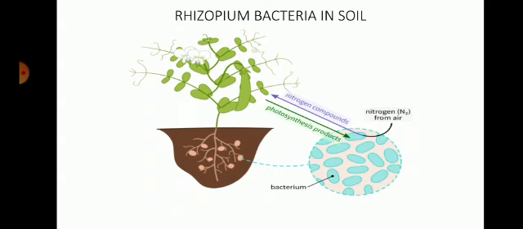In return, the leguminous plant provides food and shelter to the bacteria, as Rhizobium cannot prepare its own food. So, they have a symbiotic relationship.